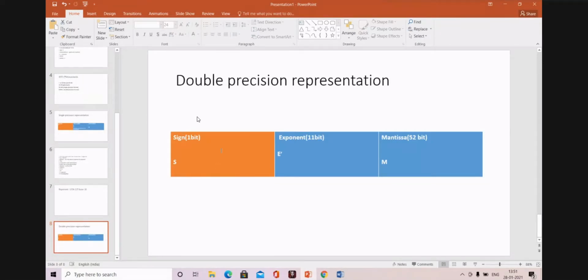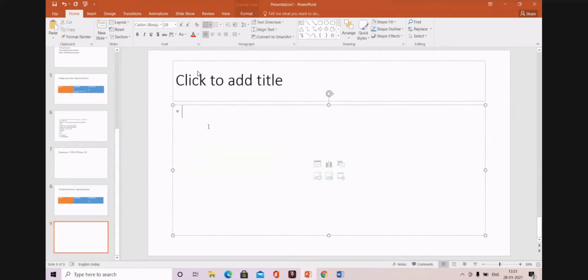The double precision format is 64 bits, right? The 64 bits are classified into 3 parts. Sign is 1 bit, exponent is 11 bits, and mantissa is 52 bits. Now we will write some formula for the double precision. Sign is 1 bit, exponent is 11, and then mantissa is 52.